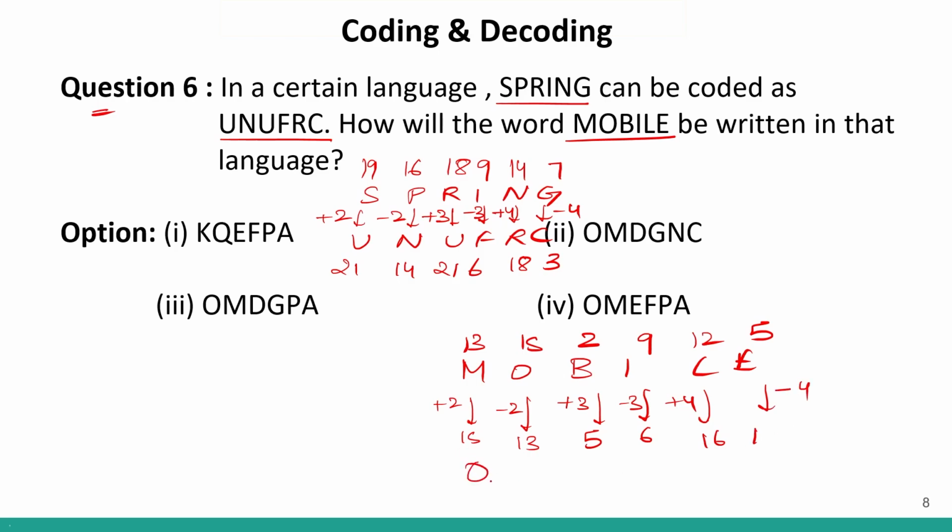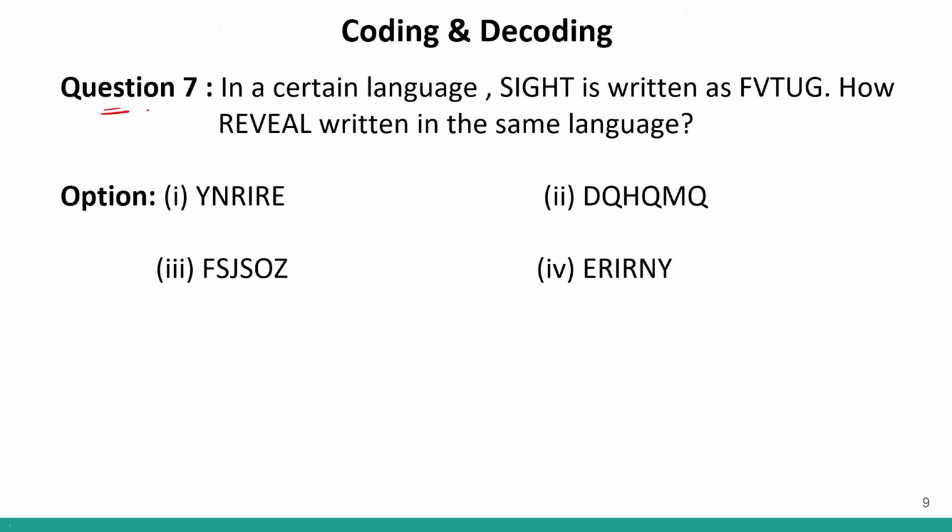So 15 is O, 13 is M, 5 is E, correct? Then 6 is F, 16 is P and 1 is A. So the code is OMEFPA and this is given in which option? This is given in option number 4. So option number 4 will be the correct answer to this question, right? Okay. Moving forward to question number 7.